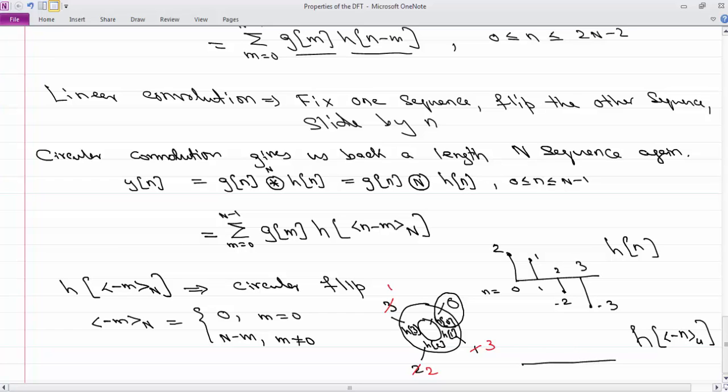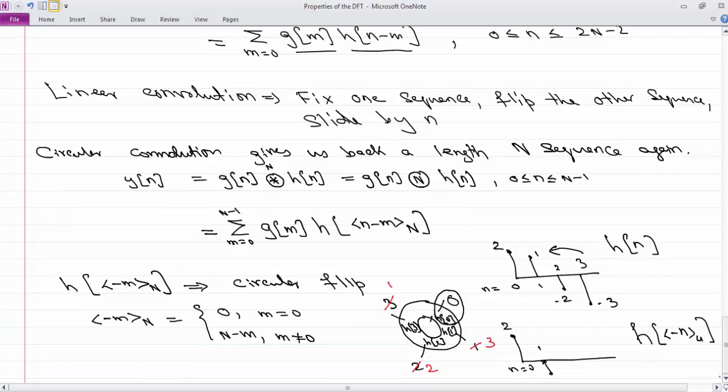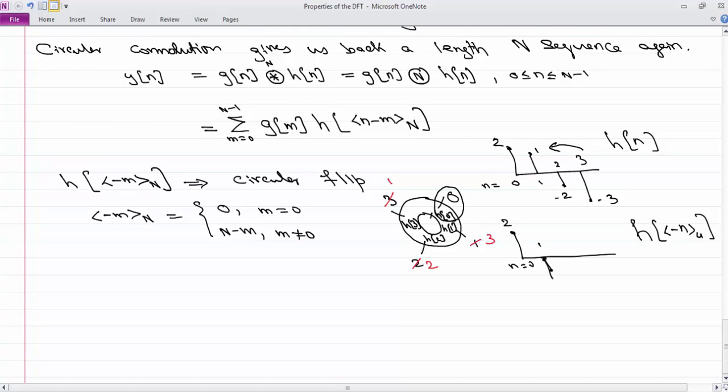Right? At 0, we still have the same value, n equal to 0 will have 2, but now we'll start putting down values while going this way. Okay? So at index 1, I will have the value actually minus 3. At index 2, I'll have the value minus 2. And in index 3, I will have the value 1. Okay.